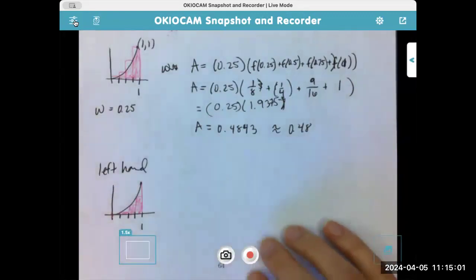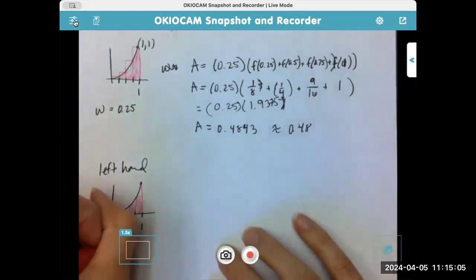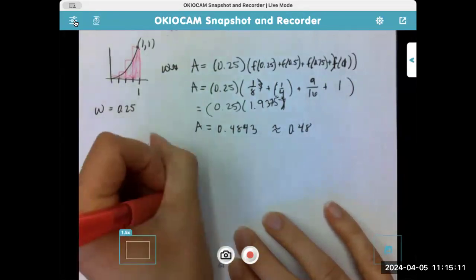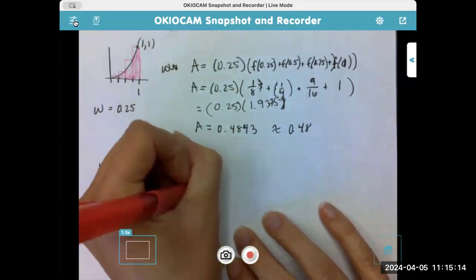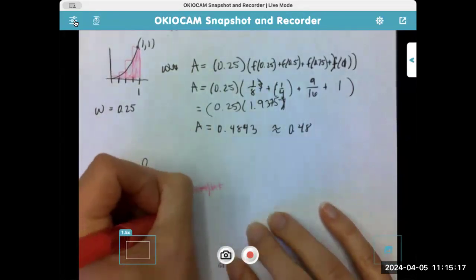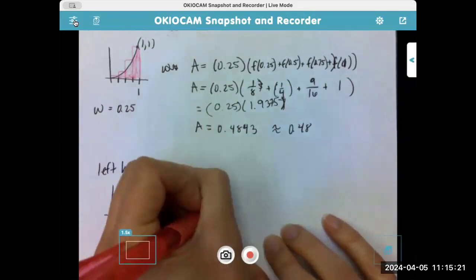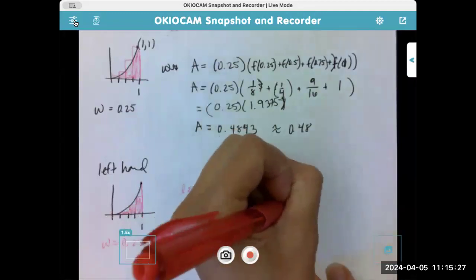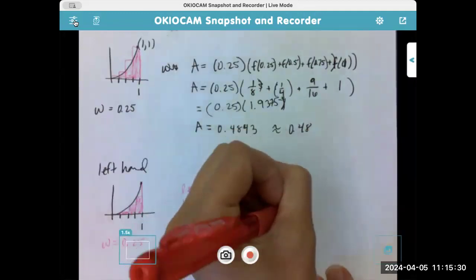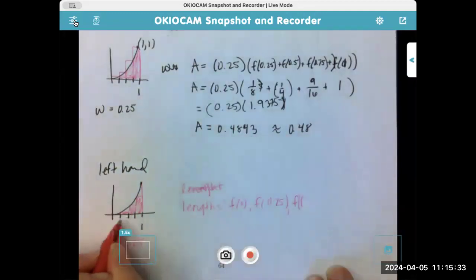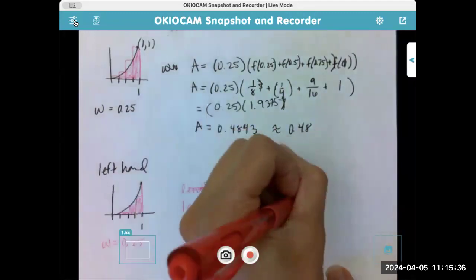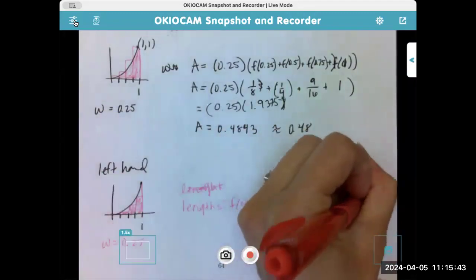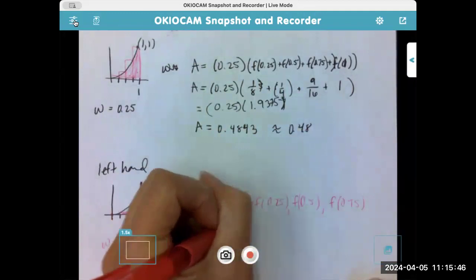The widths are all still 1/4 or 0.25, but now our lengths, respectively, are f of 0, f of 0.25, f of 0.5, and f of 0.75, which we know is 0.